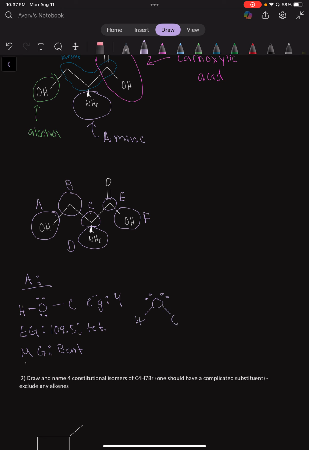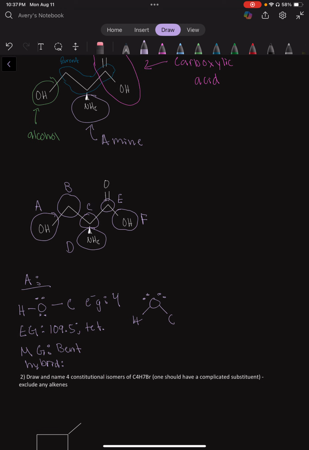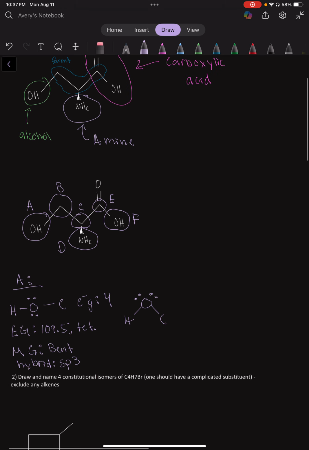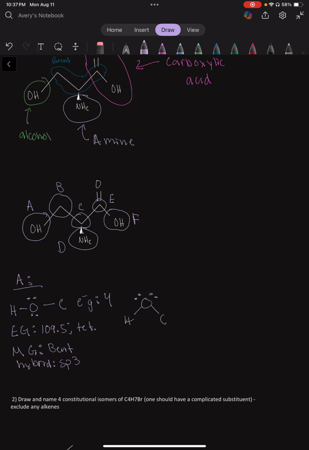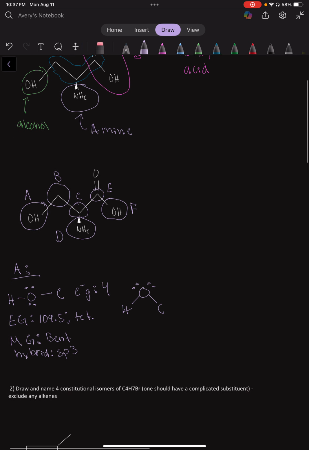And then lastly, for hybridization, I can spell hybrid. We have 4 for our electron geometry, so we use the hand trick, STPP. So we have S and 3P, so it's going to be sp3. Let me go ahead and just make a little bit of space there.